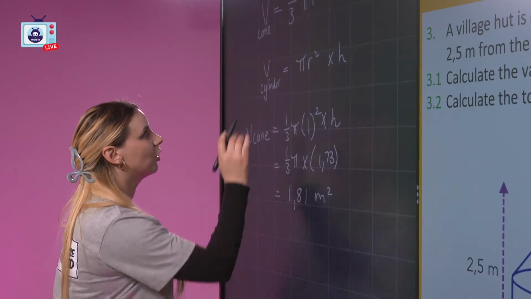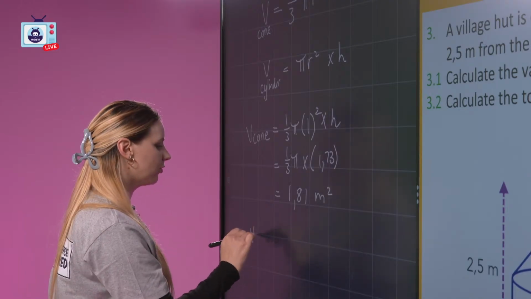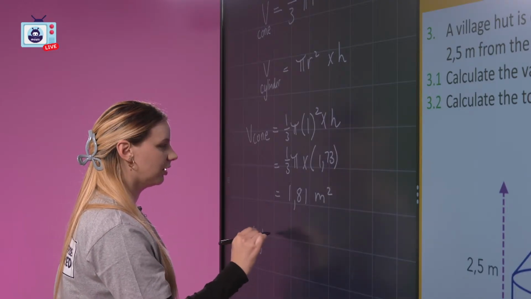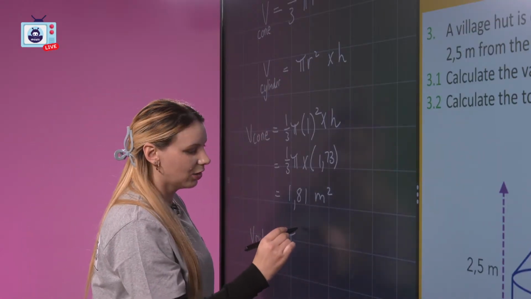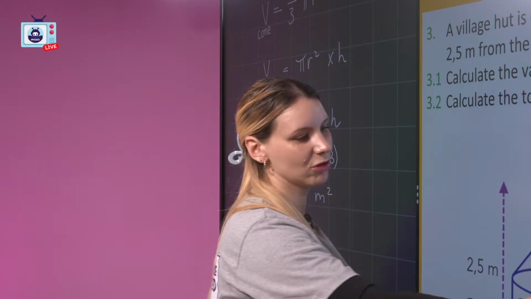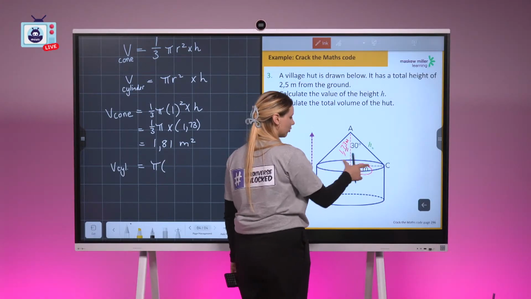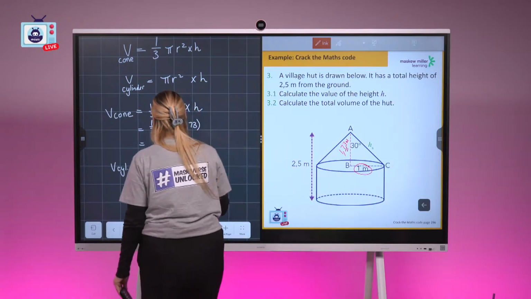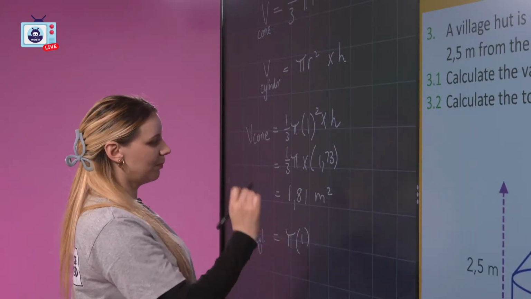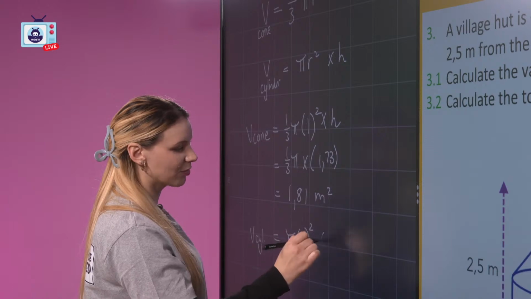Let us get our volume of our cylinder. Our cylinder is pi r squared. The radius is the same because they share this base, which is the base of the cone. So that's 1 meter, so pi r squared times my height.